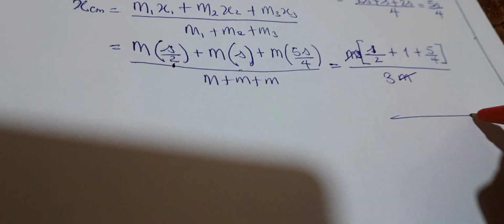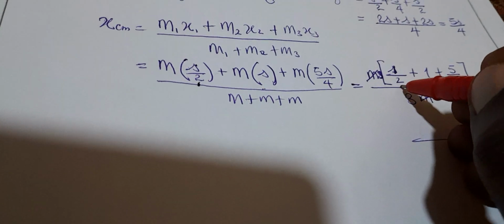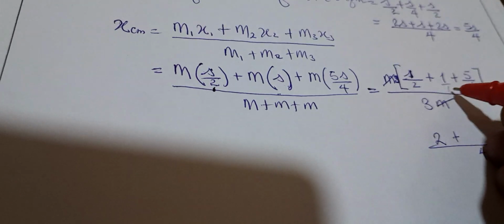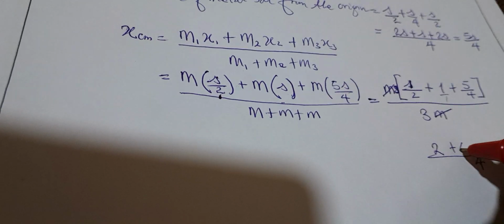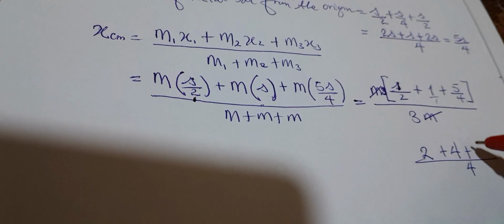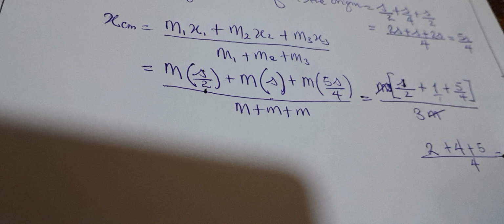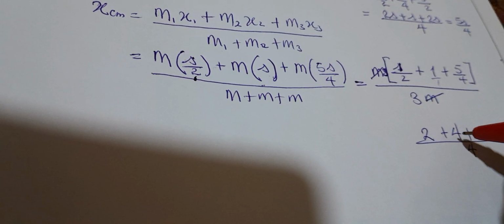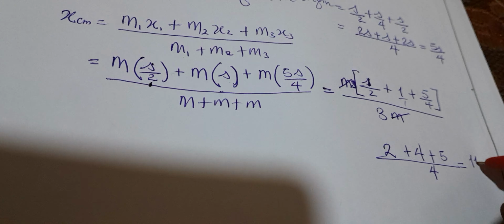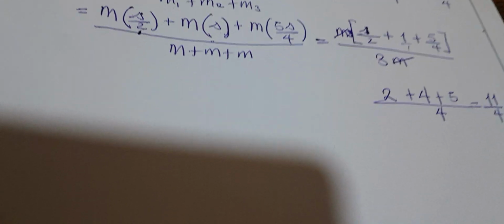The LCM there is 4. 4 in 2 is 2, times 1 is 2. 4 in 1 is 4. 4 in 4 is 1, times 5 is 5. The sum of 4 and 2 is 6, plus 5 is 11 over 4.